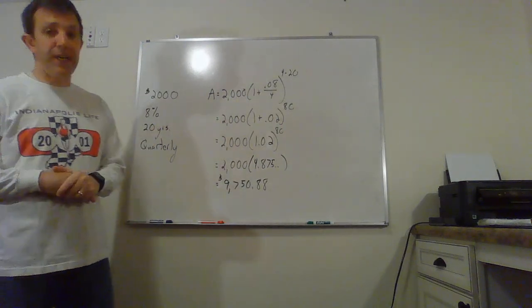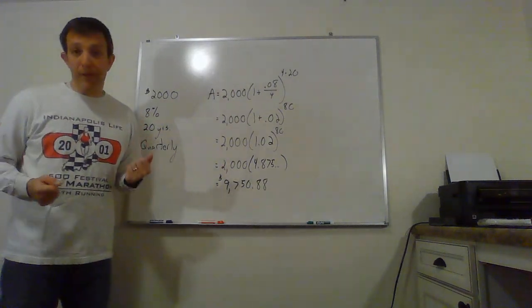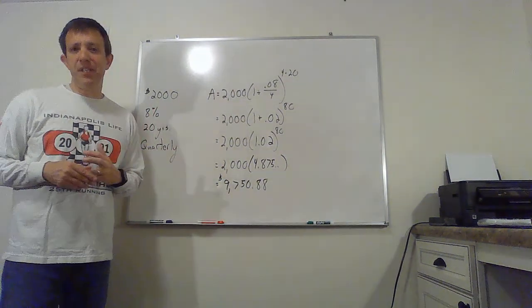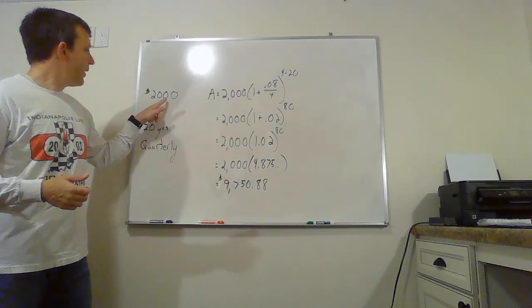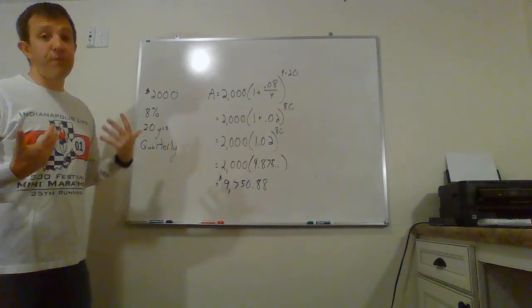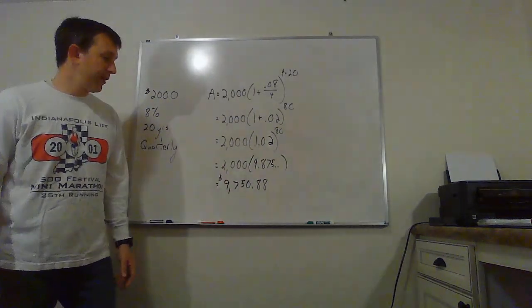So, things that affect the amount of money you get out of this, obviously the higher your interest rate, the better. There's kind of a limit. You're not really going to get interest rates that are too much higher than like 11 or 12%. The amount of money you invest is going to change how much you have at the end.